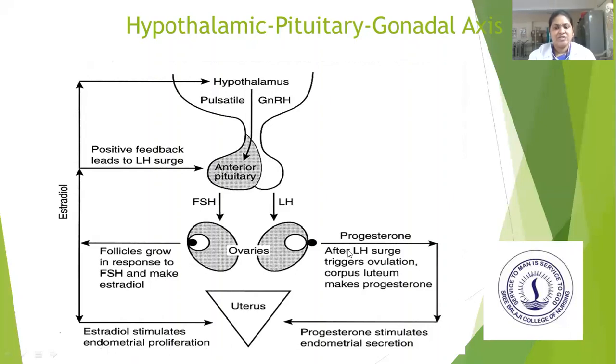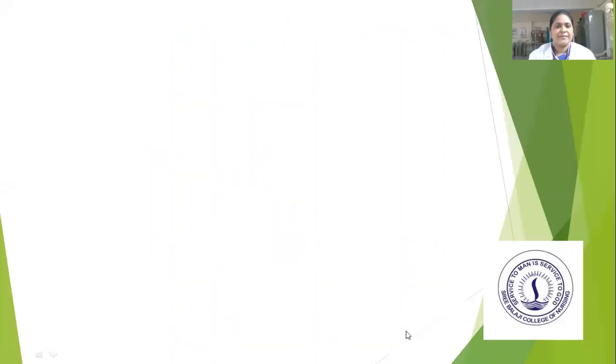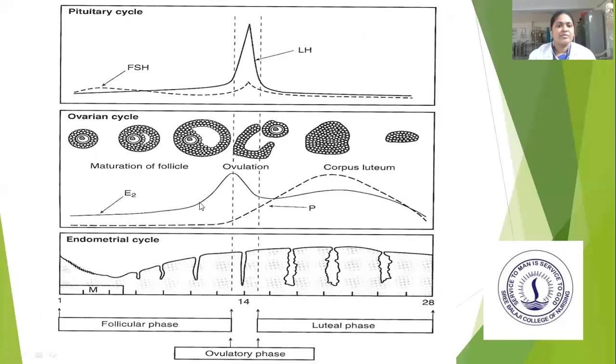With LH, the LH surge triggers ovulation, the corpus luteum forms and makes progesterone, and the progesterone stimulates the endometrial secretions. The other diagram shows how the pituitary cycles work with ovulation and the menstrual cycle.